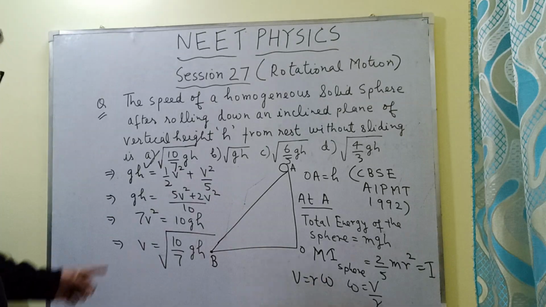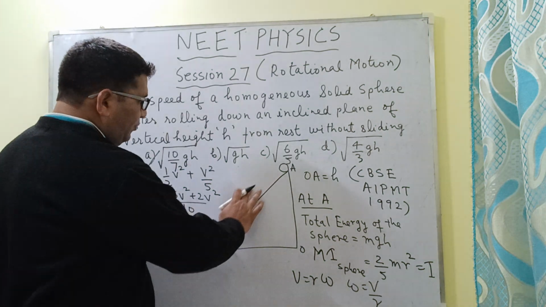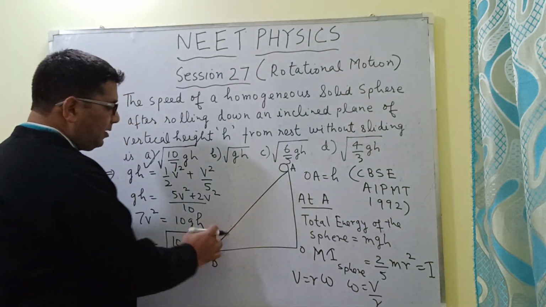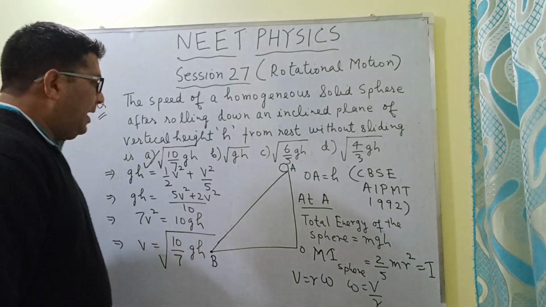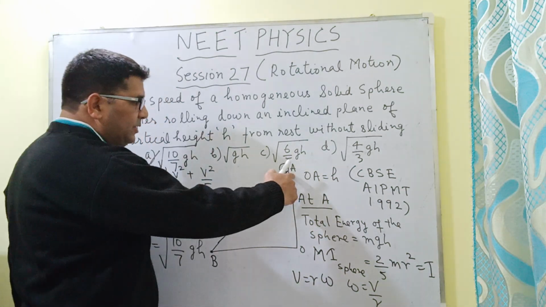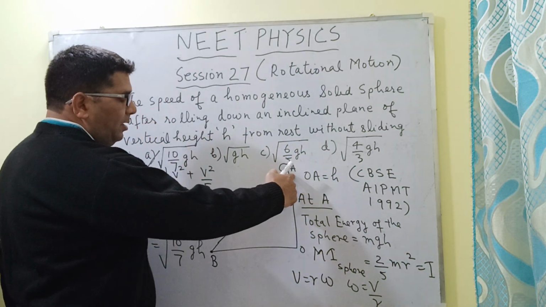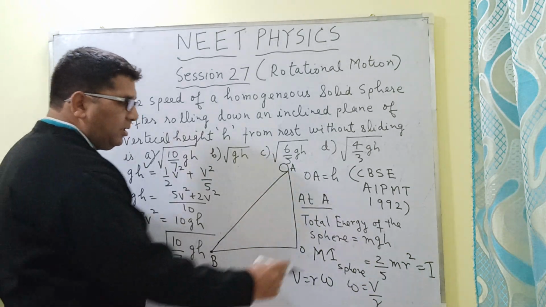In this question, the most important thing for us to understand is that we have to apply the law of conservation of energy. The second point is that the total energy of the sphere at this point A was equal to mgh.